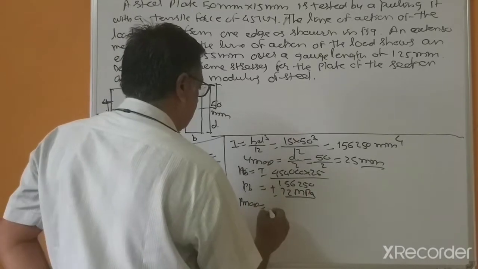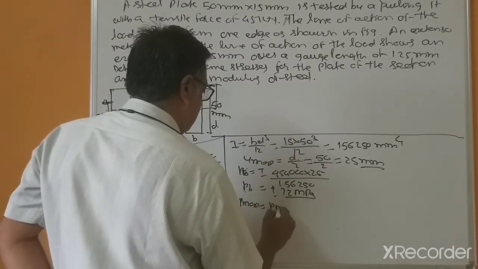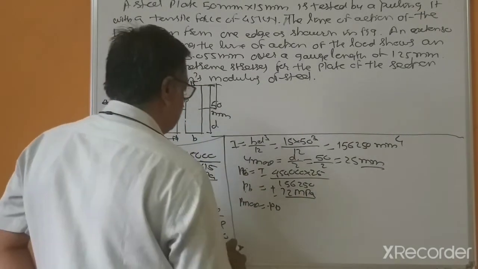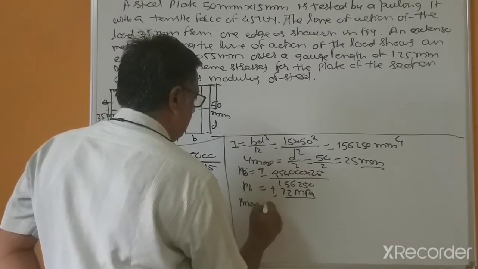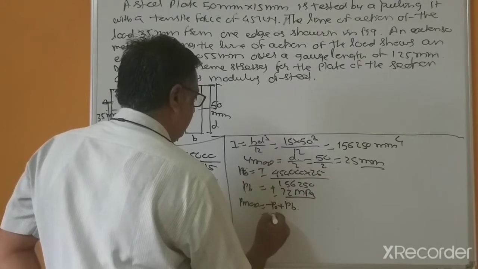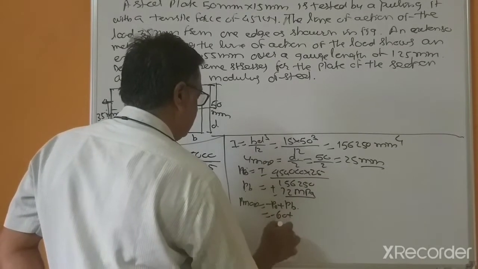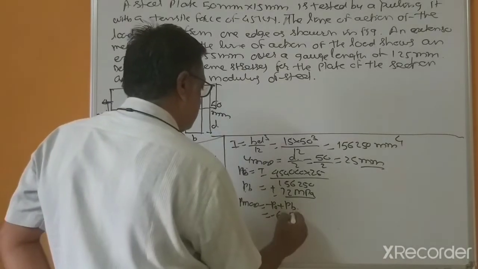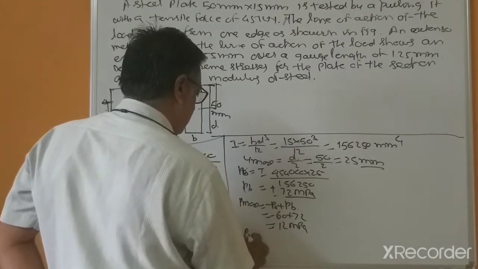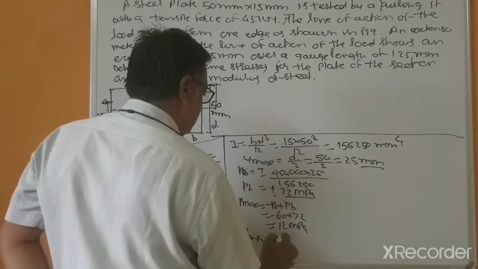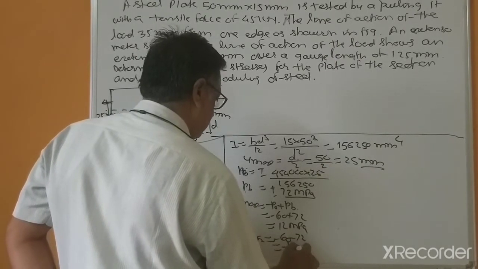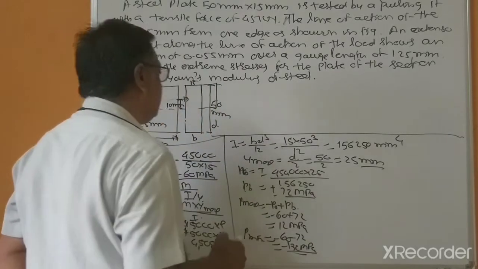Now the maximum equal to PO plus PB. So PO equal to minus 60 plus PB equal to 72. This is 12 megapascal, and minimum equal to minus 60 minus 72, minus 132.